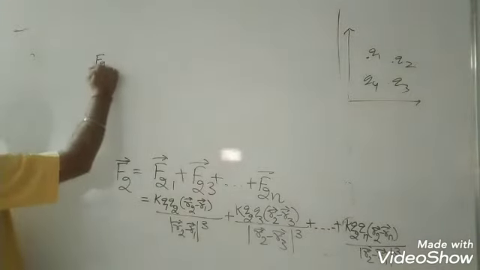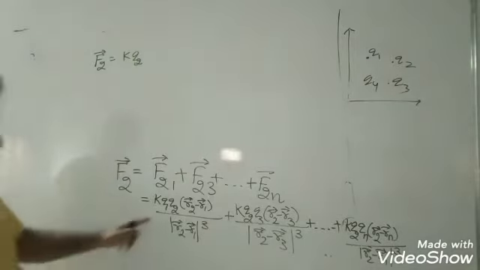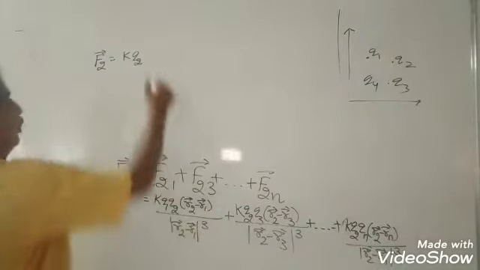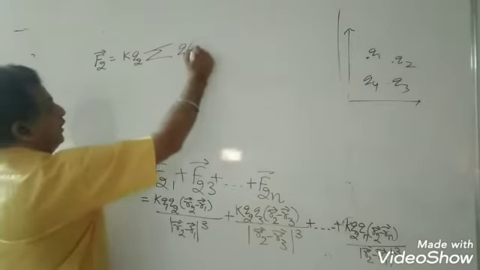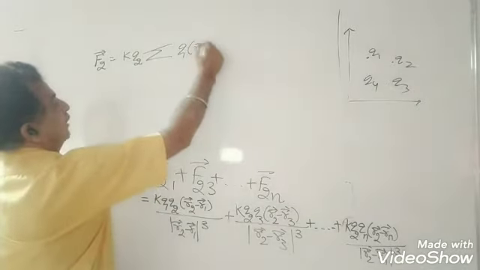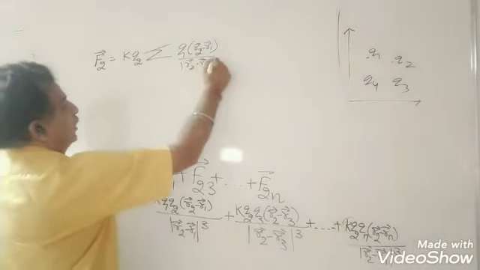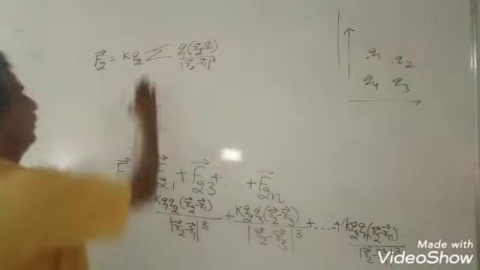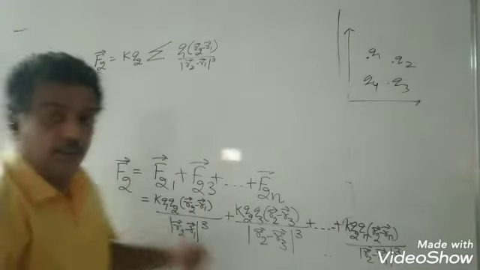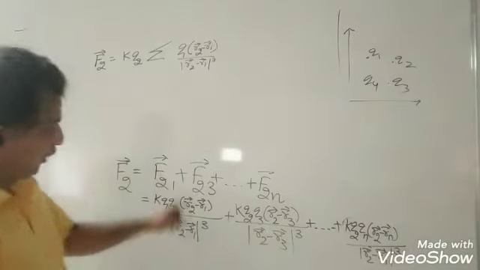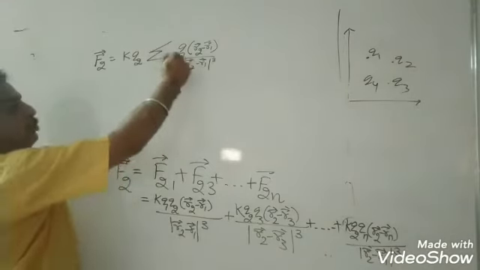So the resultant force on 2 can be written as KQ2. It is summations only, so we put a summation sign. Summation sign Q1 over |R2 minus R1| cubed. अब यहाँ पे when I put a summation sign, I assign I value to all the variables.